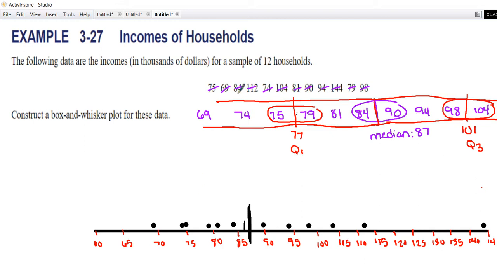Then I'm going to make a line at quartile 1, which is 77. So 77 is probably about right here. And then we make another line at 101. And then I'm going to draw a box around this data.